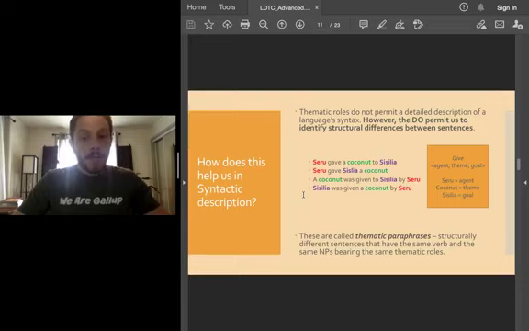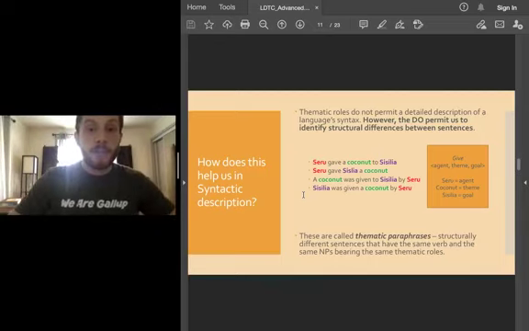And when you have structurally different sentences that all have the same verb with the same noun phrases, all bearing the same thematic roles, we call these thematic paraphrases because at a semantic level, they are identical. However, syntactically, by looking at where the thematic roles are falling in the sentence, we can start to actually probe at what is structurally different between these sentences and start to characterize the underlying syntactic structure.